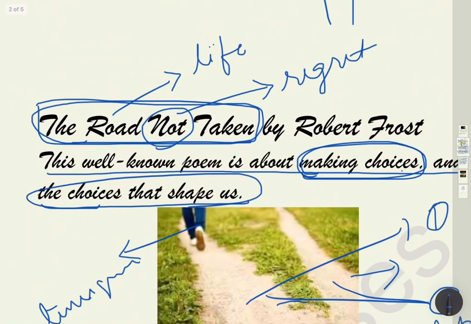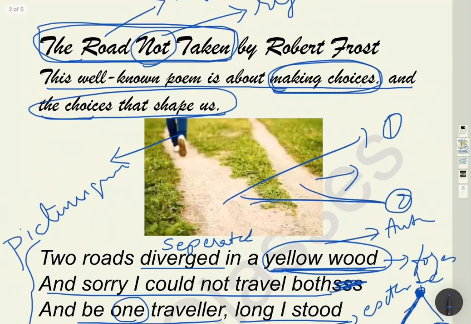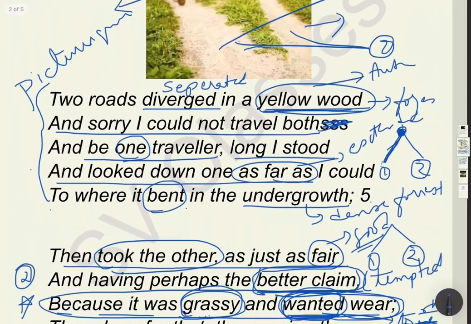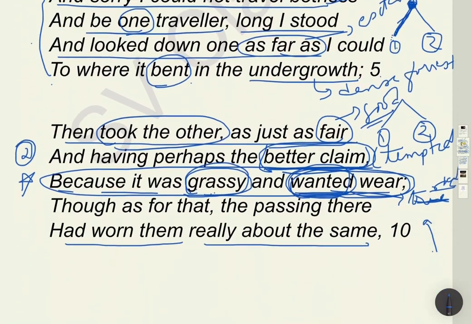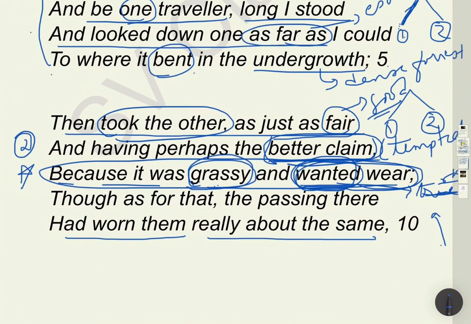This poem is in a picturesque form. You are able to understand from the poem itself that here the poet is telling about the choices in life. The first stanza tells you about a situation that the poet is in the forest. He had two choices. Finally, in the second stanza, he makes a fair decision, thinking that road 2 would be the more proper option for him.